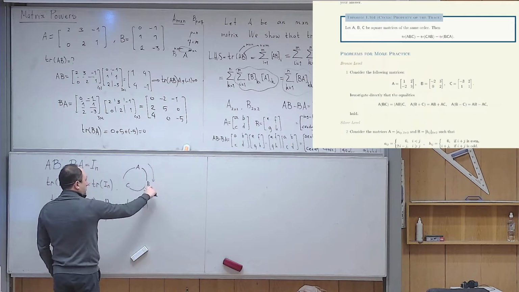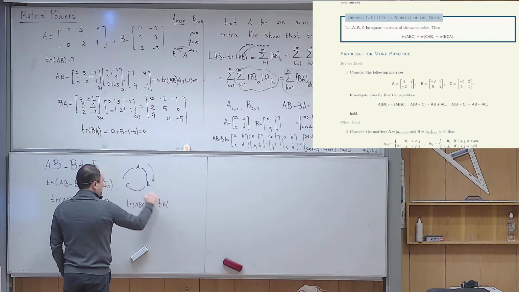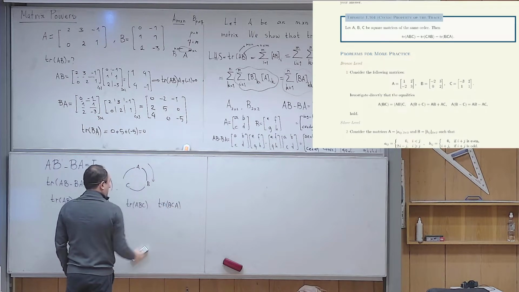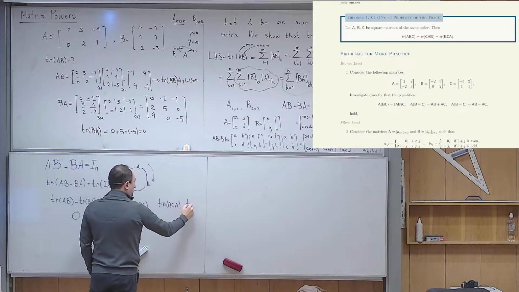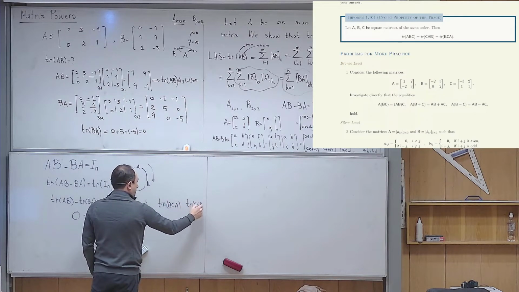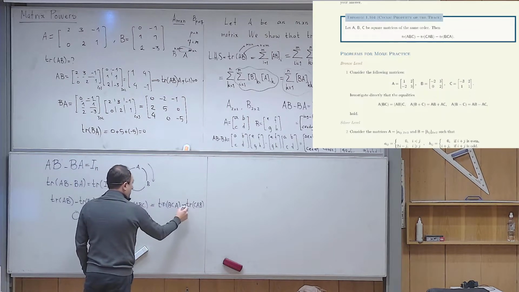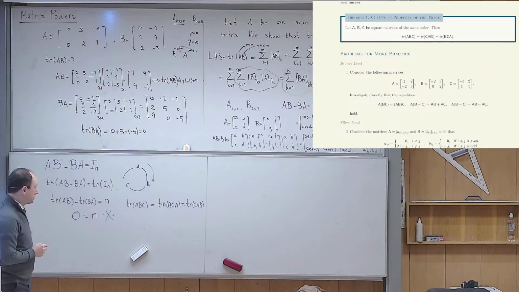I can start from B and go in the same direction, and it becomes BCA. And I can start from C and go in the same direction, and it becomes the trace of CAB. So I'm claiming that all these are equal. That's called the cyclic property of the trace.